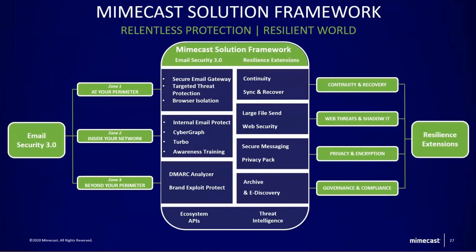And then finally, just to end up on, the framework is supported by, as I mentioned earlier, our global threat intelligence, which you can apply to all your Mimecast apps and other security vendors as well.